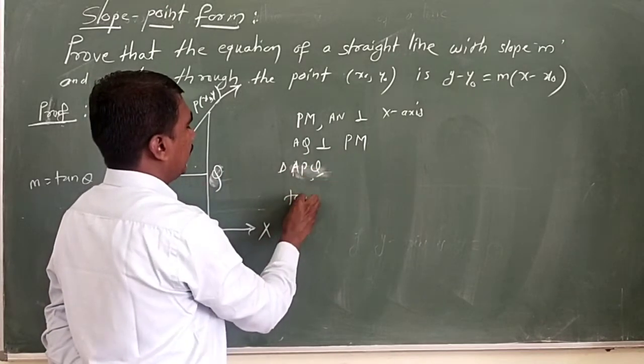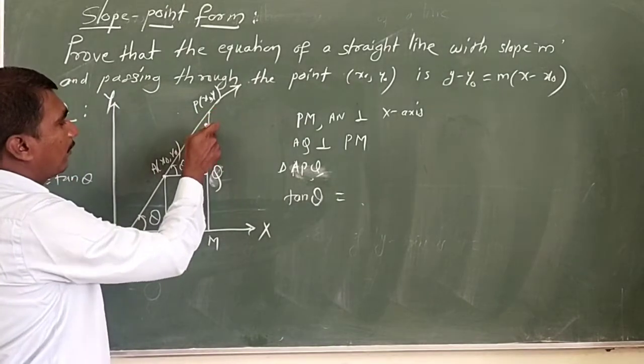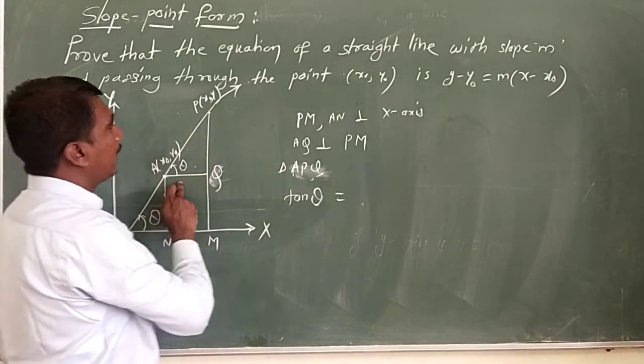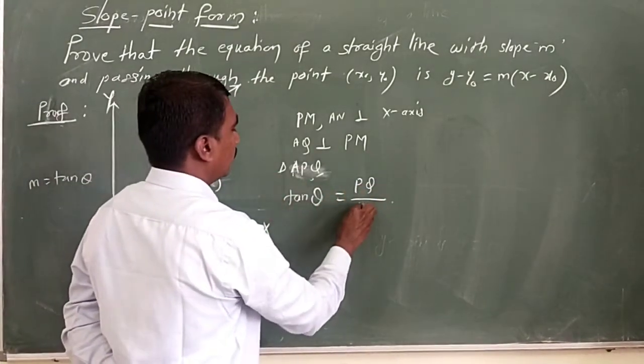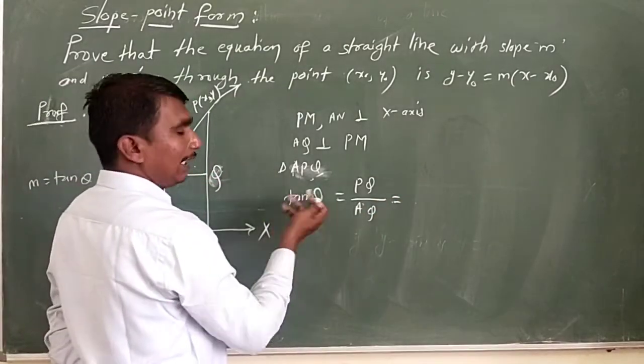APQ, we take tan theta is equal to opposite side divided by adjacent side, that is PQ by AQ. Now tan theta is equal to m.